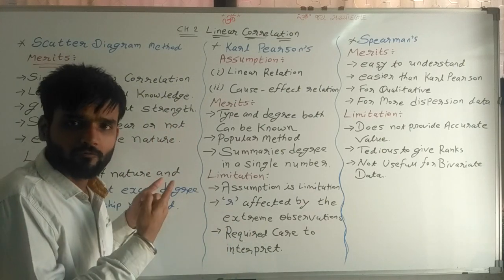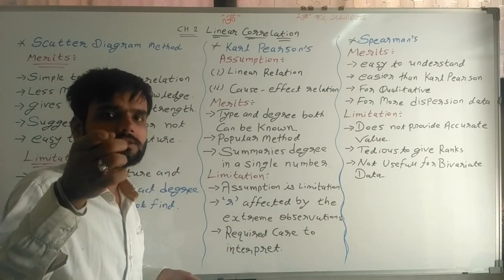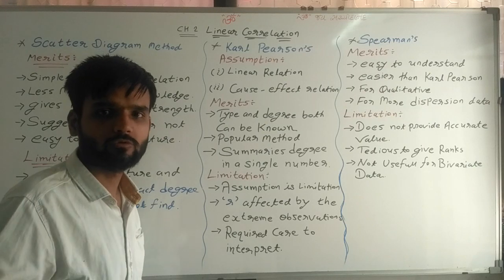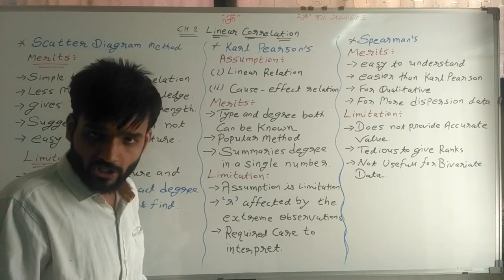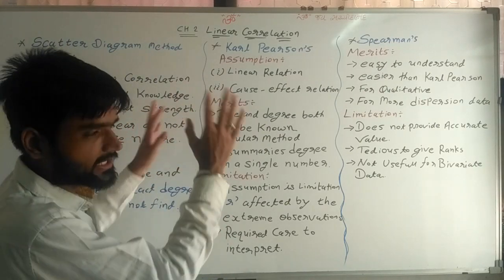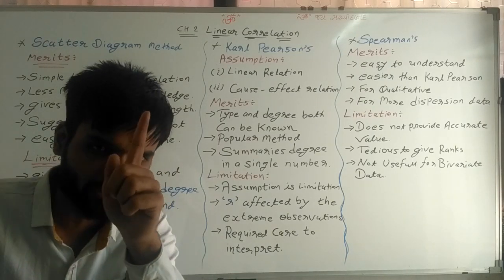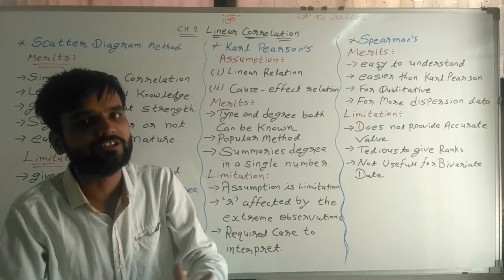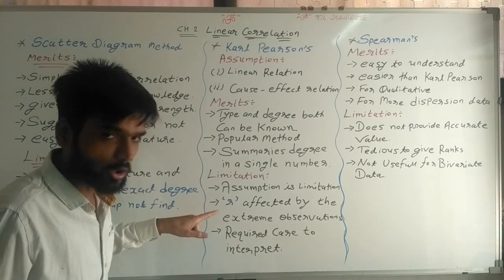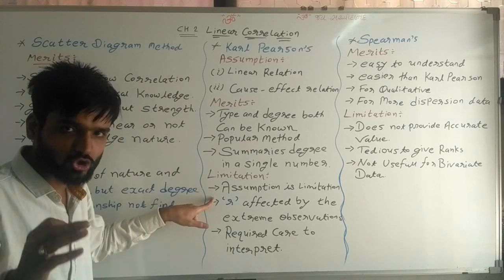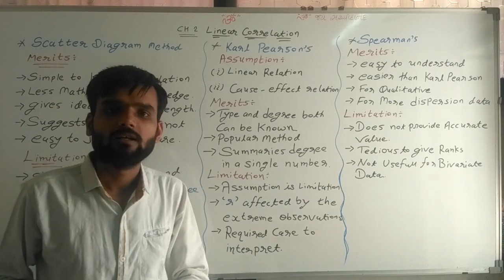This is written very briefly to explain easily. If you want to understand easily and you are writing in short, then it is for you. But if you need to submit your homework, then you have to write in detail. So again, here I have written in short, assumption is limitation.